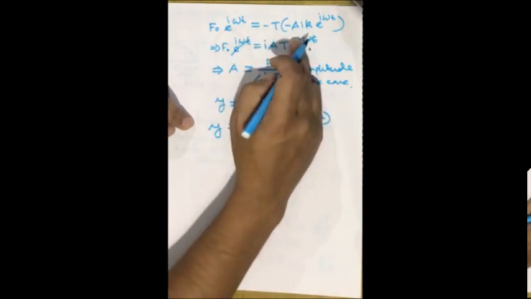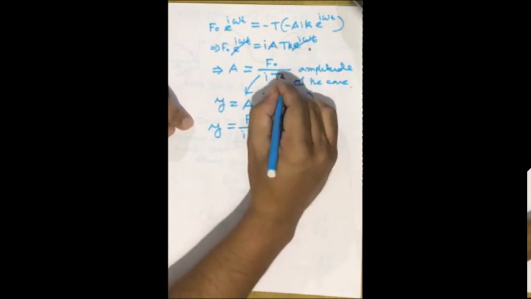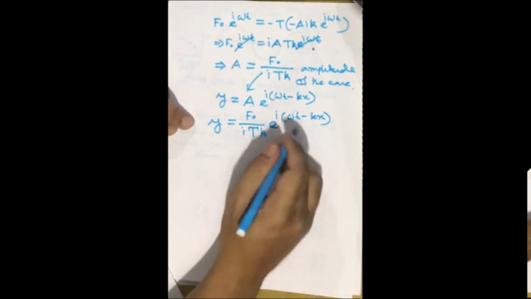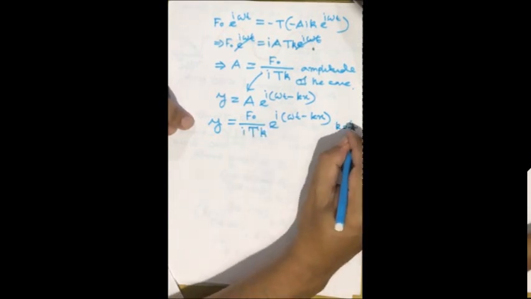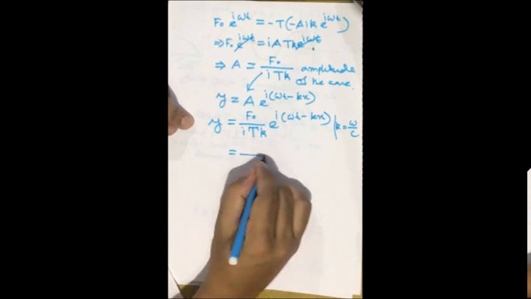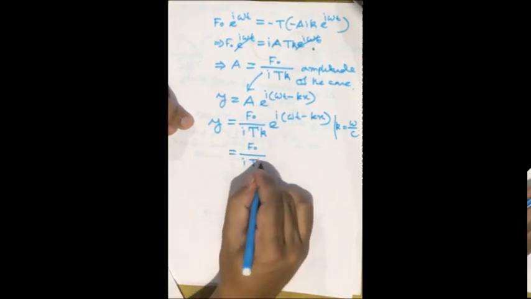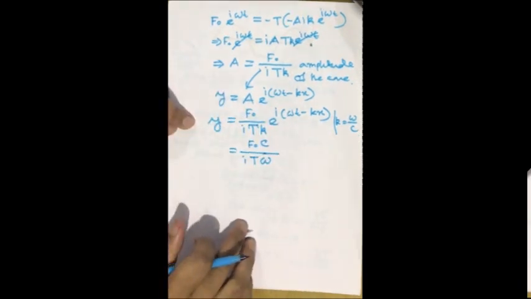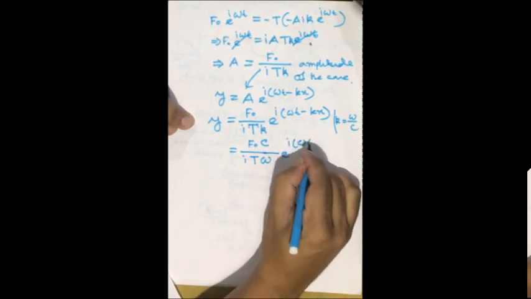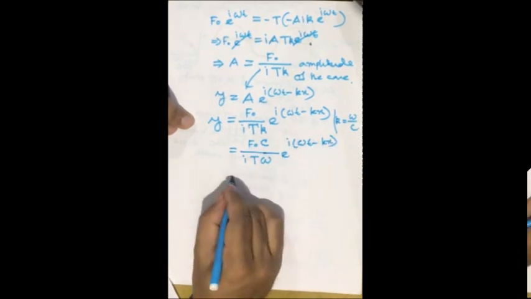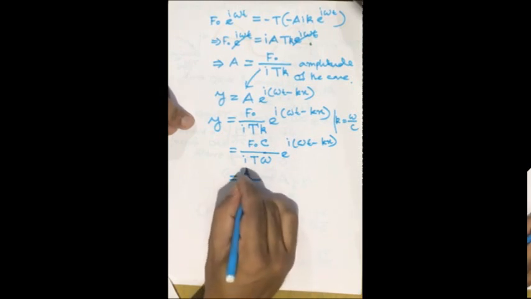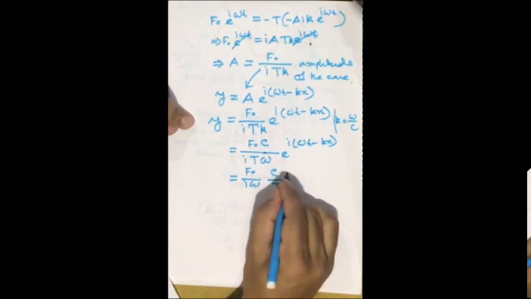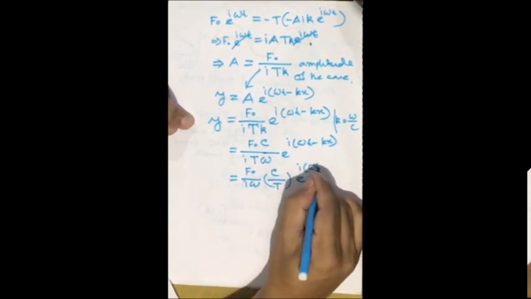Okay, sorry, there is a factor k here, so this will be F₀ divided by iTk. We can replace k with ω/c, we know it. Therefore we can write F₀ divided by iT ω times c divided by ω, so this gives F₀ divided by iω, then c over T, times e^{i(ωt − kx)}.